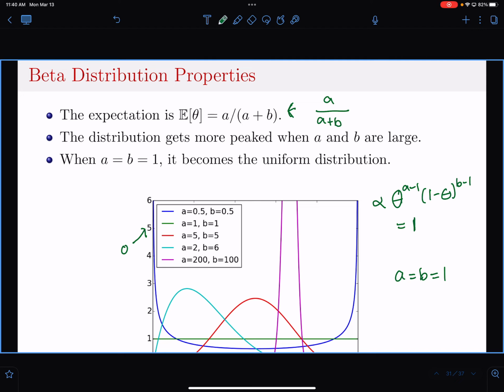So would we say A is how much we want it, and B is what is not wanted? The interpretation is actually that A is a prior belief on how many heads there are, and B is a prior belief on how many tails there are. We'll see why that is very soon.